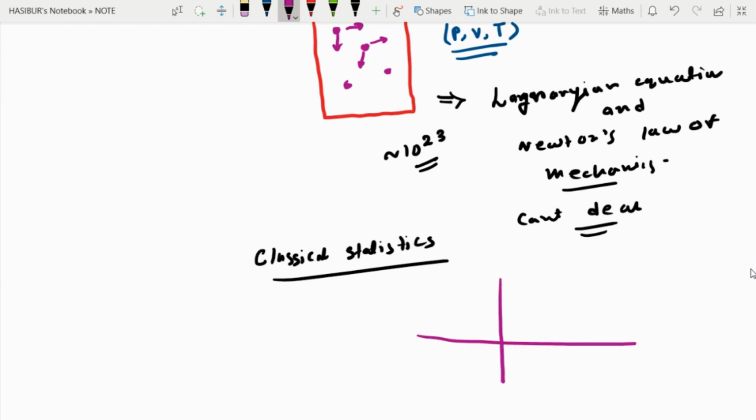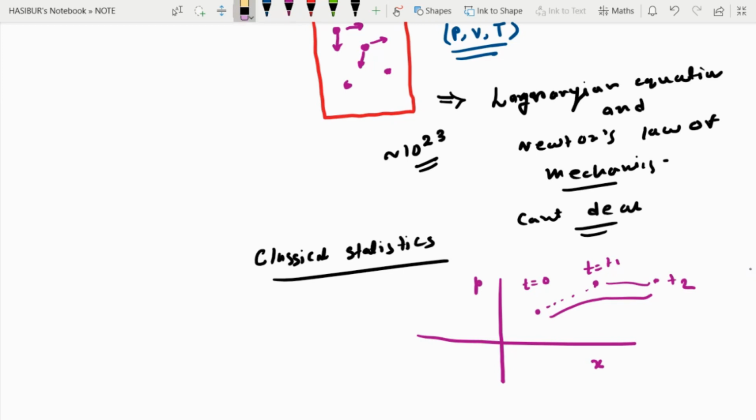Suppose there is a position coordinate, x coordinate, and momentum coordinate. In the phase space, a point signifies the position and momentum coordinates of all the particles. Let's take it is at t equal to 0, and in subsequent time at t equal to t1 there is another point, and at t equal to t2 there is another point. So this is basically a trajectory, a trajectory in phase space.